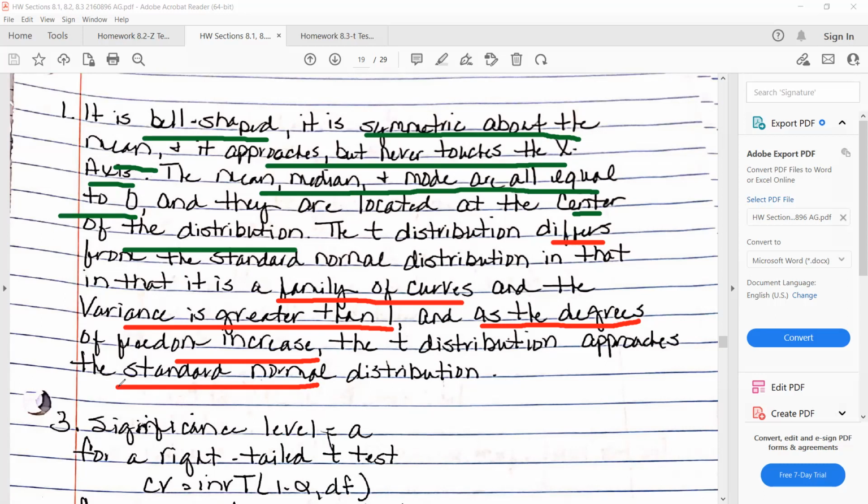Okay. Are we good with question 1? Still writing it down. The degrees of freedom increase, and as the degrees of freedom increase, the t distribution, you can say becomes approximately normal.